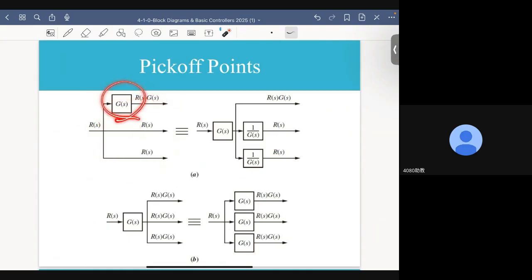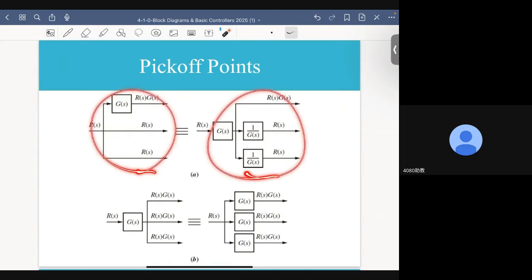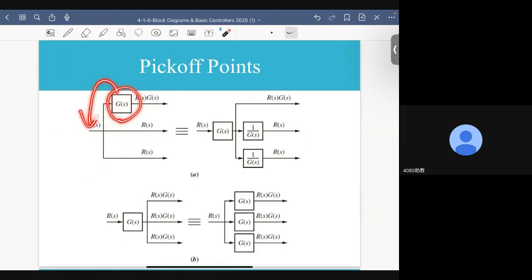One with a subsystem whose transfer function is G. The other is just direct transfer of that signal, okay? You can rewrite, replot this block diagram into this manner, all right? What we do is we move G one step forward, all right?